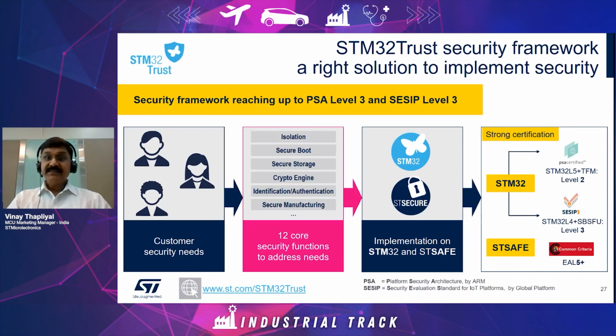For ST, these functions are implemented and supported across our product portfolio using our MCUs, STM32, and potentially our ST safe secure elements. And we also provide reference packages for seamless implementation of a secure boot or secure firmware updates.